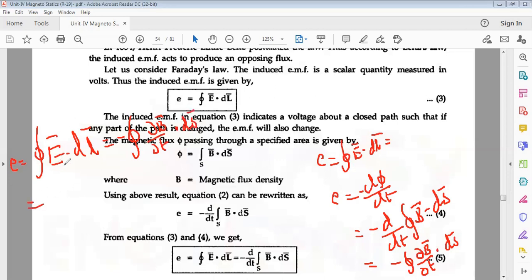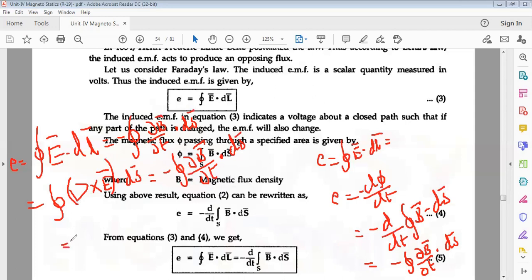Now in the left hand side, the line integral is converted to the surface integral. It becomes the integral of del cross E bar dot ds bar, which is equal to minus the integral of dou B bar by dou t dot ds bar. On both sides, there is a surface integral only.